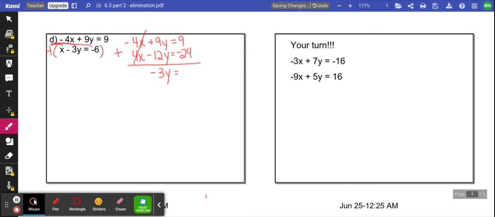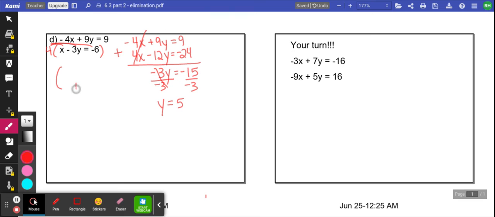And 9 minus 24 is negative 15. Sorry, not 13, 15. Divide by negative 3. And y equals 5. So the first half of my answer is 5.